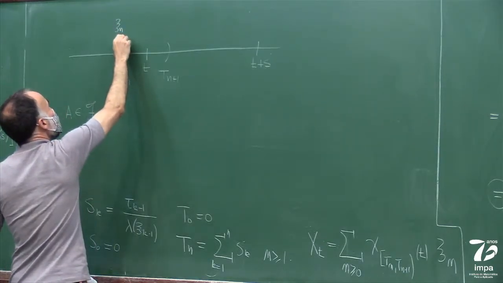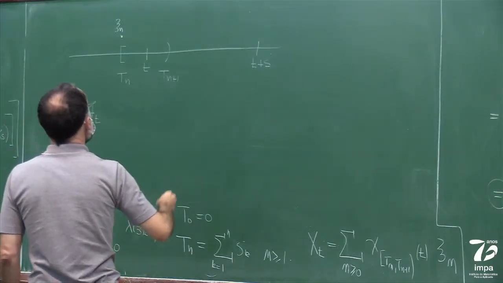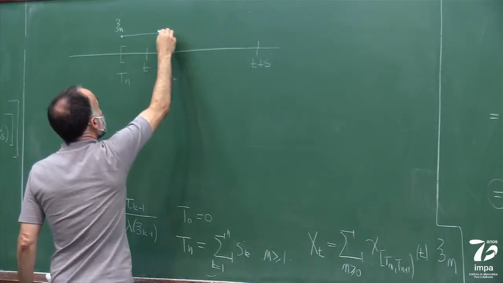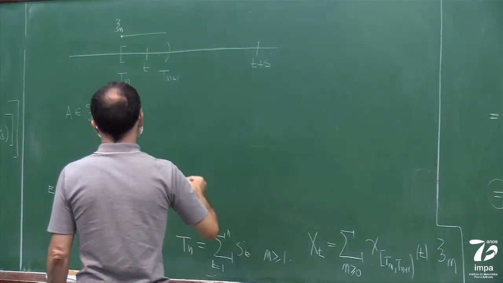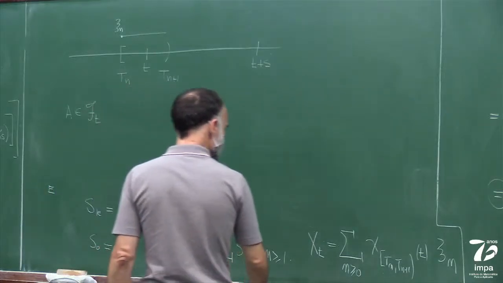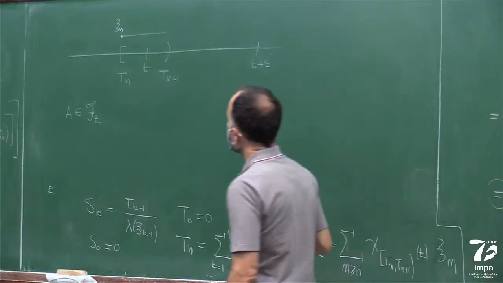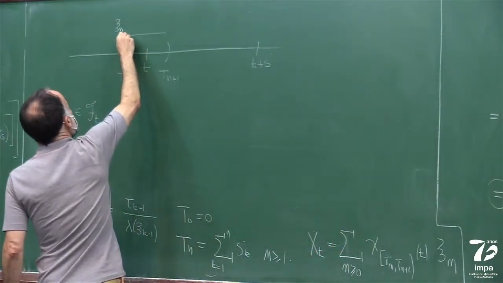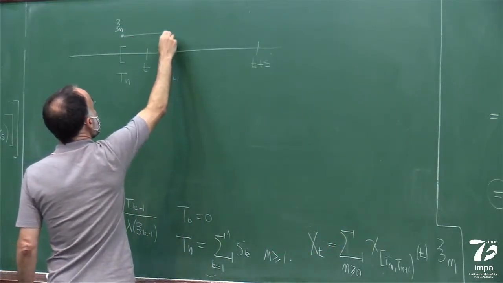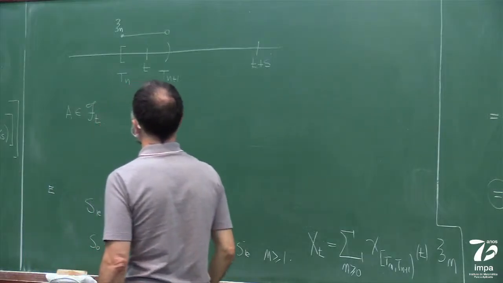At this point, until this interval, the value of X_t, remember, is equal to psi n. So at this point, I jump to psi n, and I remain at psi n.